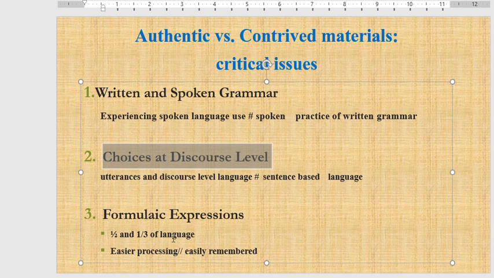Okay, what are the advantages of using formulaic language? When you learn 4 words that come together, or 3 words that come together as a single item, it is easier to process it, and it is easier to learn it, and it is easier to use them.